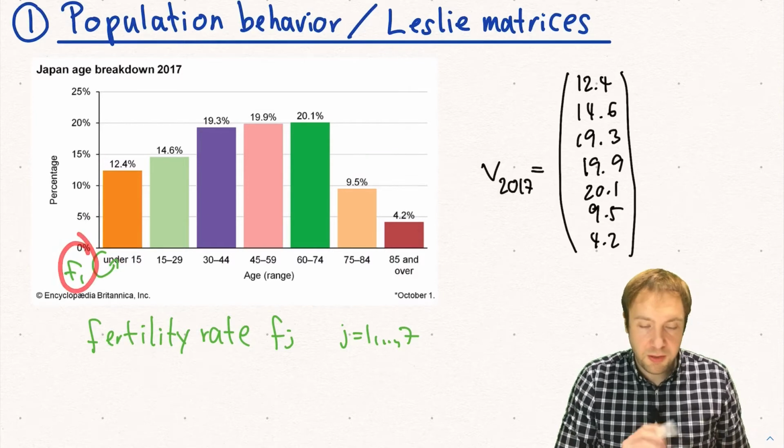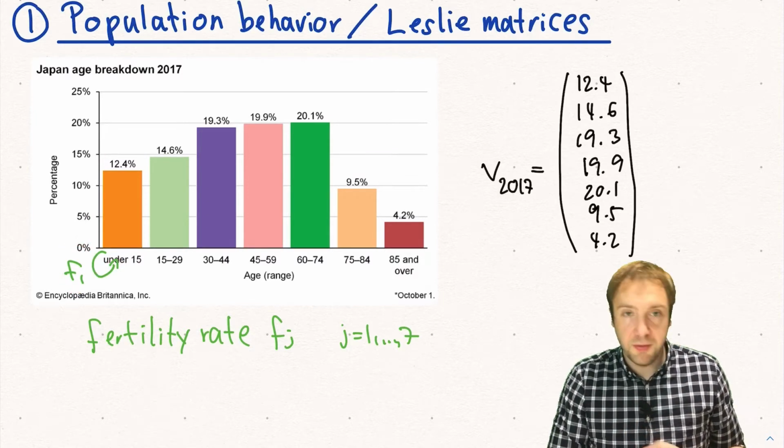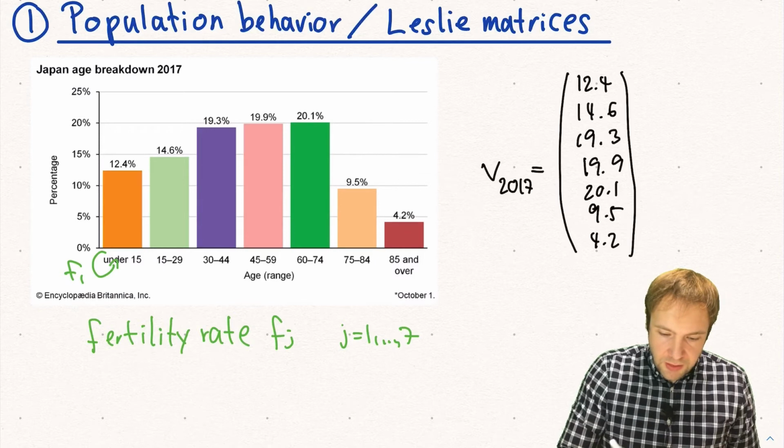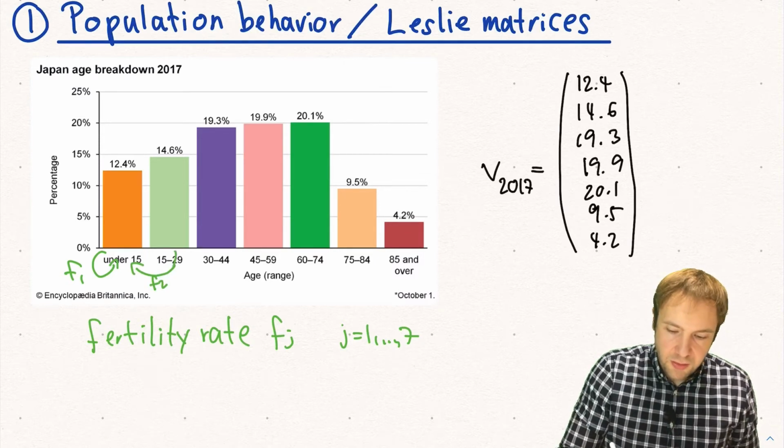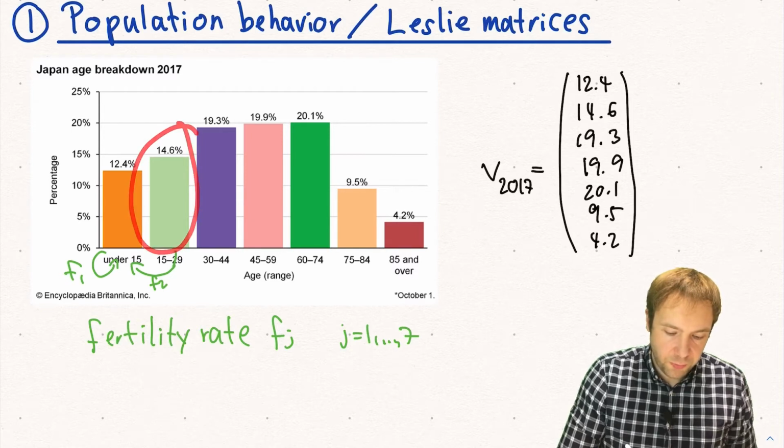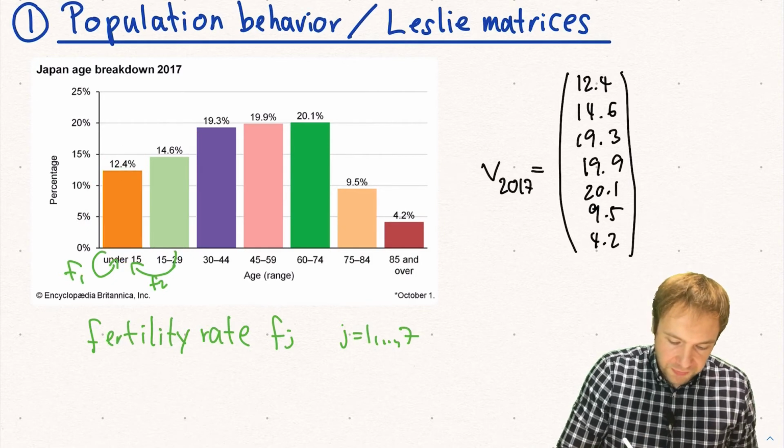So this F1 will be a factor between 0 and 1. And also F2 will give a factor for how many of this age group will, after 15 years, make new people here. And also F3 and so on.